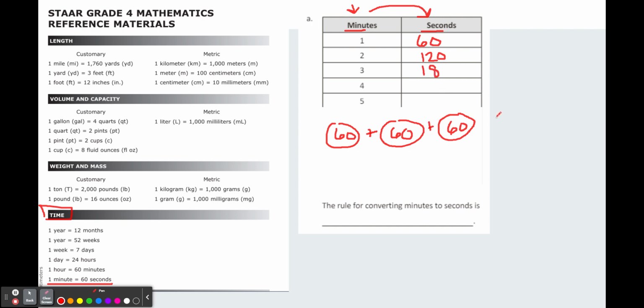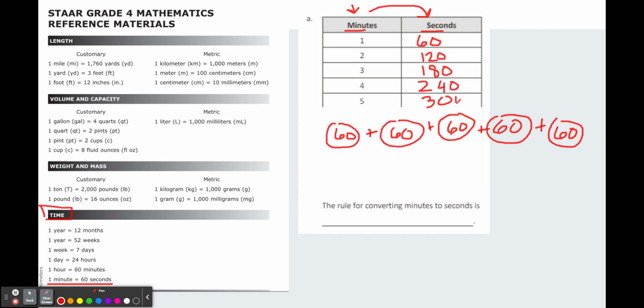And if I have 4 minutes, there's another minute, that's another 60 seconds, so that is going to give me 240 seconds. And if I have 5 minutes, that's going to be another 60 seconds. So that's going to give me 300 seconds.